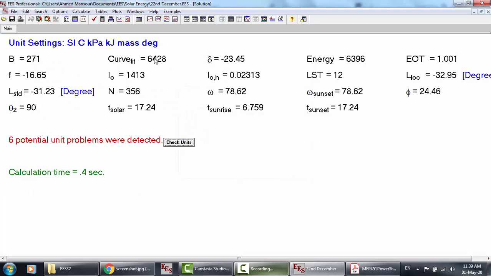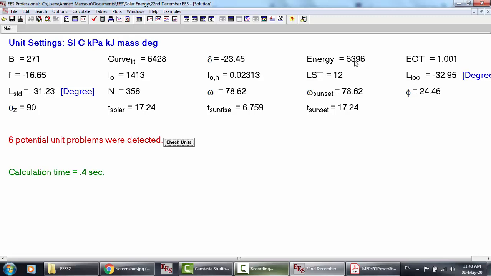So we have here the area from the curve fit, 6428, and we have here the energy, which is more accurate because this is the original curve, 6396. This is awesome.